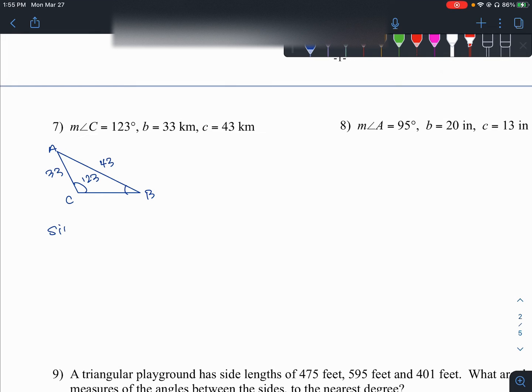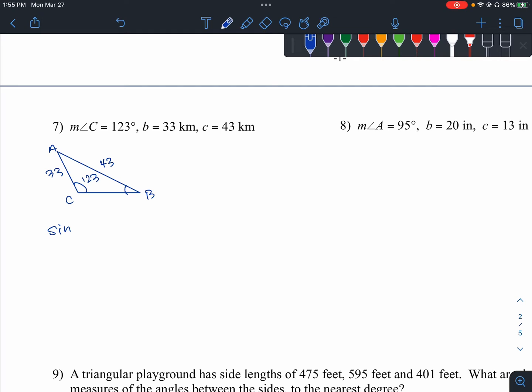So you can say sine of 123 divided by 43 is equal to, it might be better if you use the sides. So we'll do 43 divided by sine of 123, and that's going to be equal to, since you don't know anything about A, you have to use B.